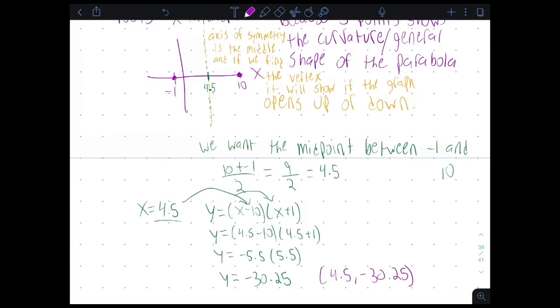So with this point, we know that my vertex is going to be down, and this isn't to scale, but this is going to show me my general shape is going to go like this. And you could just label 4.5, negative 30.25, and we can tell that these other 2 points are x-intercepts, so that means that the y is going to be 0.